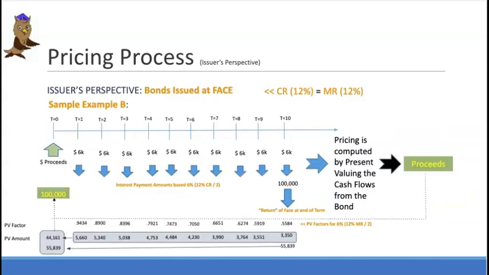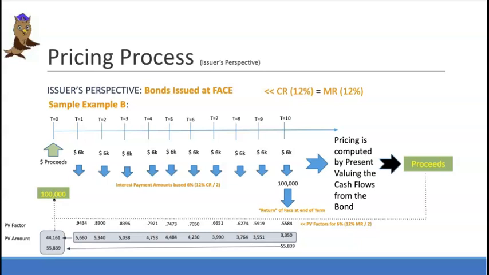First, let's discuss our 12% bonds issued at a time when the market rate is also at 12%, meaning that the bonds will be issued at face. Note that the interest payments are a function of the contract rate of 12% times half a year, since they're semi-annual, times the face amount of $100,000.